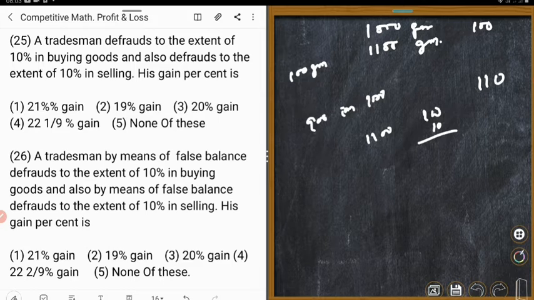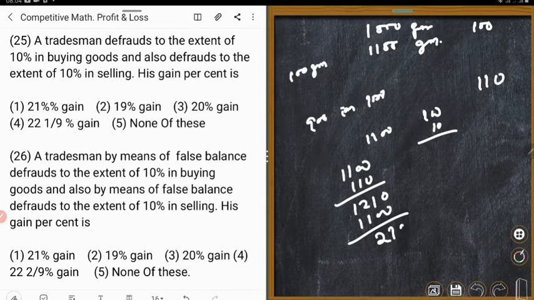Again, he gets 1100 total, and it's 10%, 110, total 1210, and profit percentage. In 1000 he gets, could you understand? Again we shall do it.